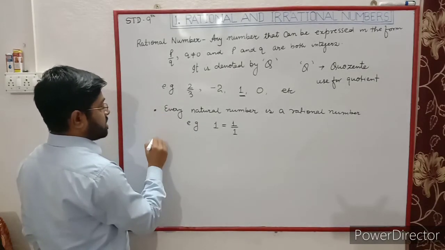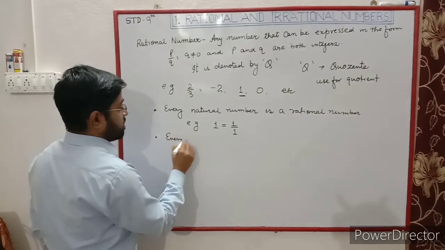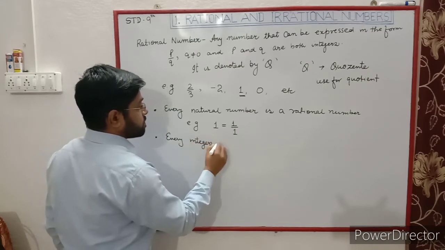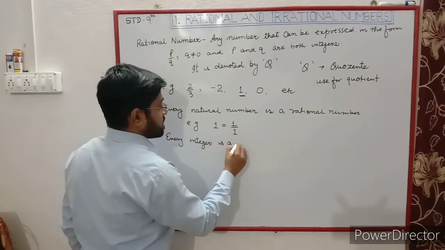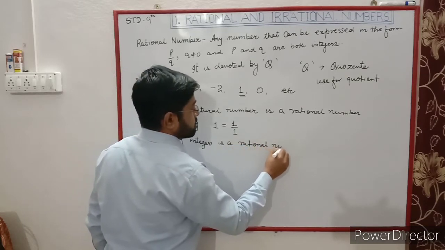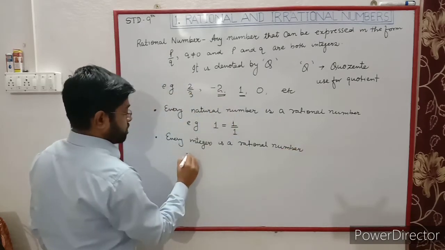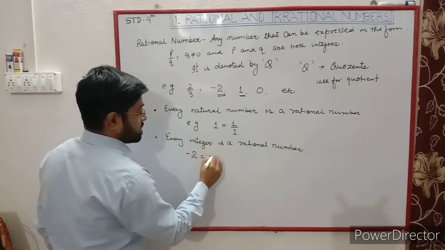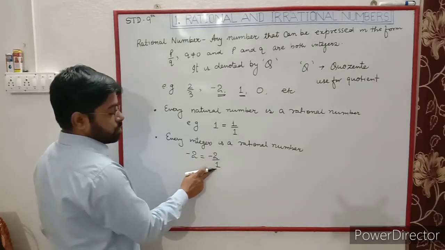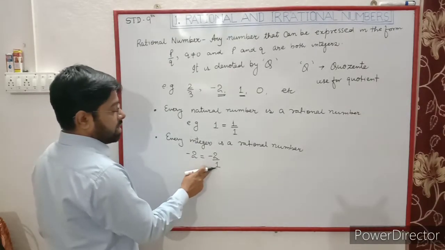Now the second point we observe: every integer is a rational number. For -2 we can write -2 by 1. Both are integers, q is not equal to 0 and it is in terms of p by q.